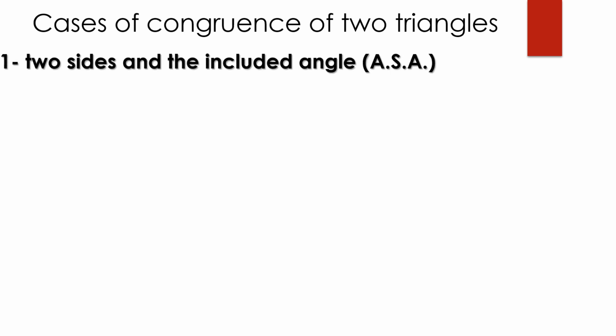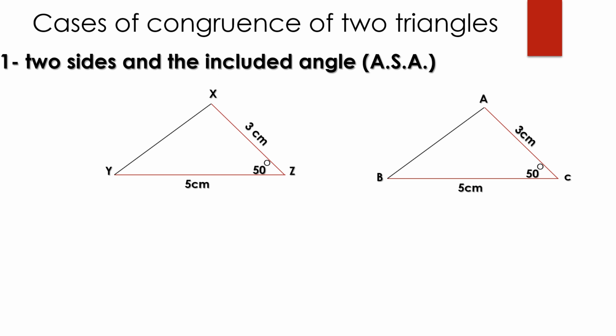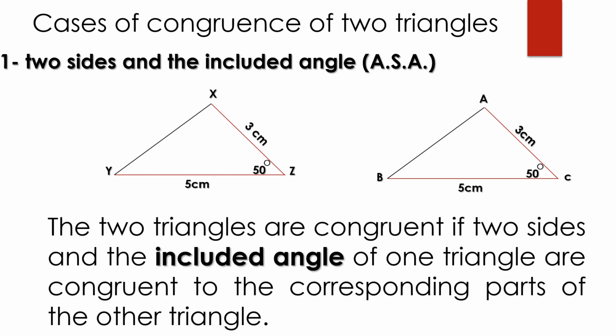First case is 2 sides and the included angle, called SAS. The 2 triangles are congruent if 2 sides and the included angle of one of the triangles are congruent to the corresponding parts of the other triangle.